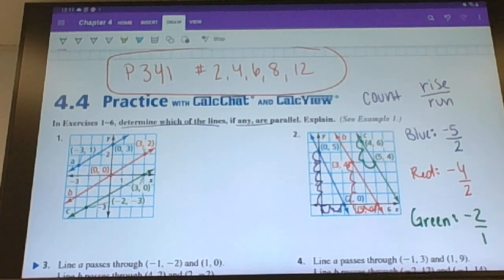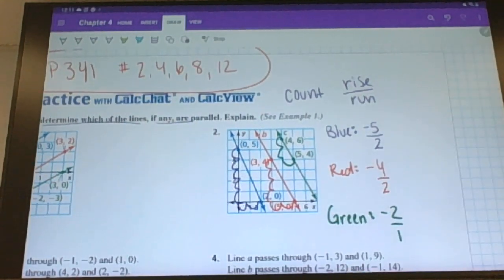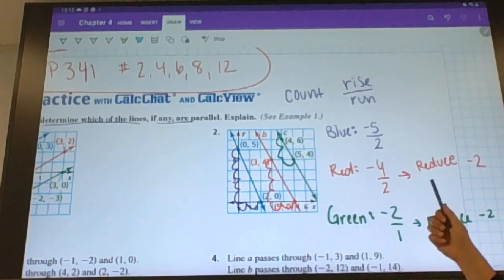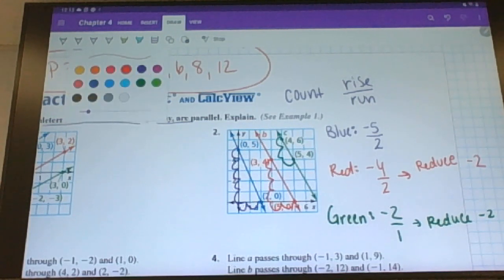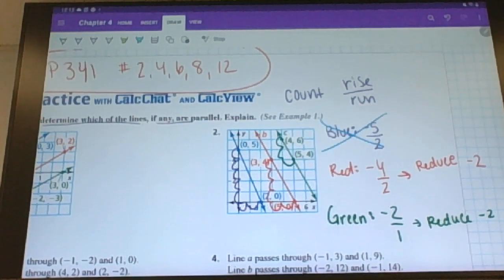But now that I compare what I've counted, I see that actually they aren't all parallel. This one, if I reduce it, is -2. This one, if I reduce it, is -2. This one is 2.5. So blue is out. Blue is not a part of this parallel party. Red and green are parallel.